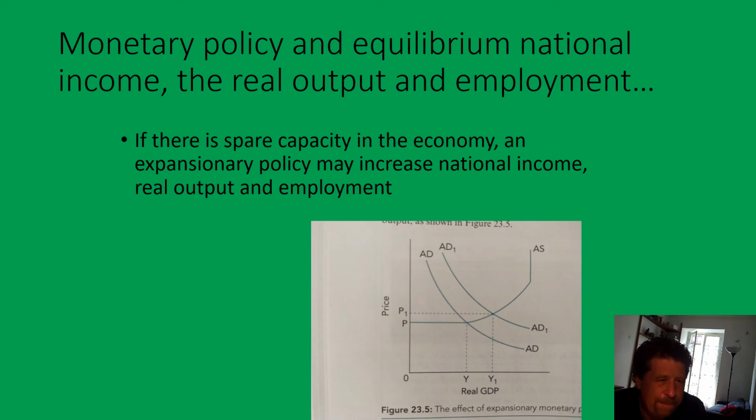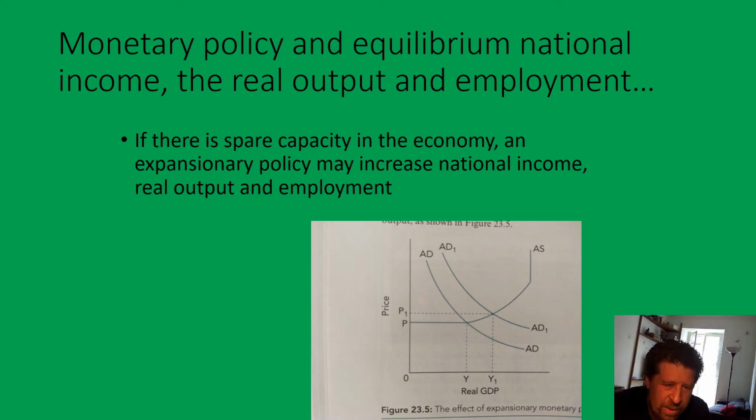Normally, if there's spare capacity in the economy, that means if the resources are not being used to full capacity, normally an increased money supply, an expansionary policy, will increase the national income and real output, and in that way employment.